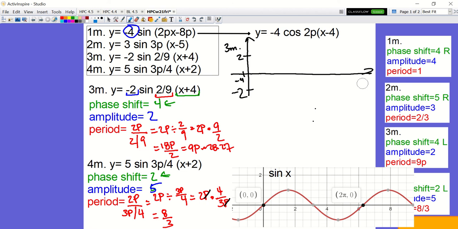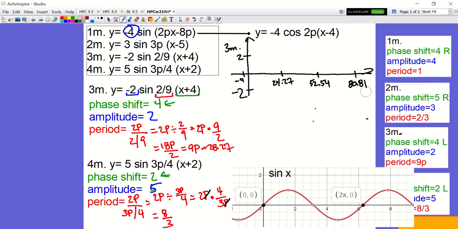I'm going to go minus 4 plus 28.27, and I get 24.27. I'm going to take 24.27, add another 28.27, and I get 52.54. I'm going to take that 52.54, add another 28.27, and get 80.81.